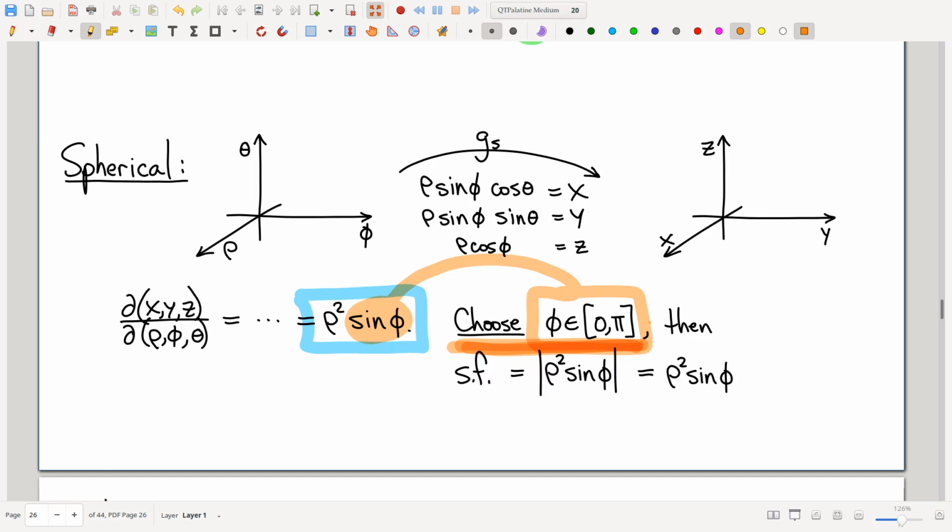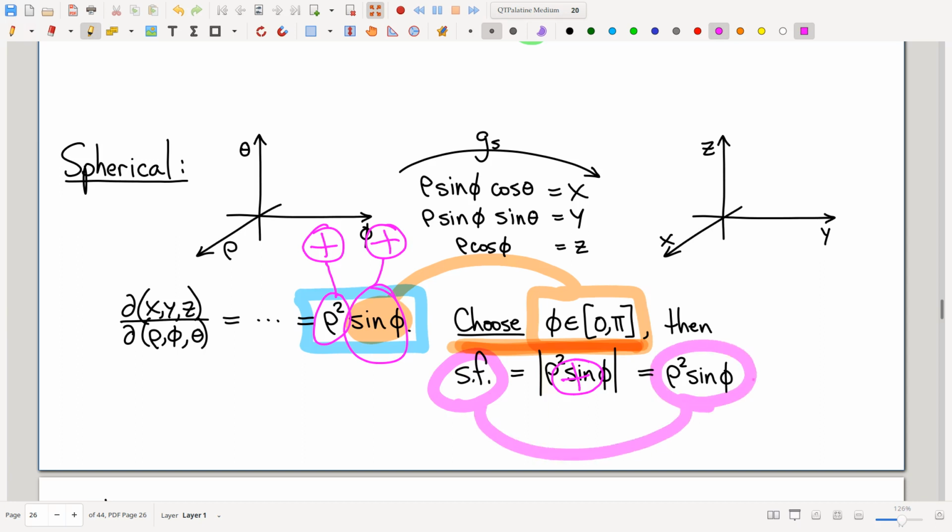And if I make that promise, well then again, good news. That means that this will be positive. And this is, of course, obviously positive. I don't need any help with that. And then, therefore, this is positive, and therefore I can lose the absolute values, and my stretching factor becomes easier.